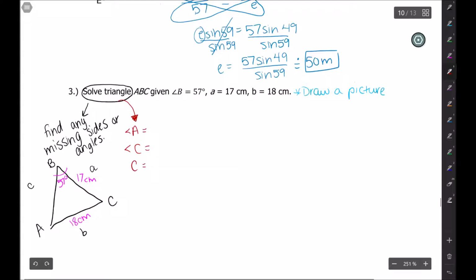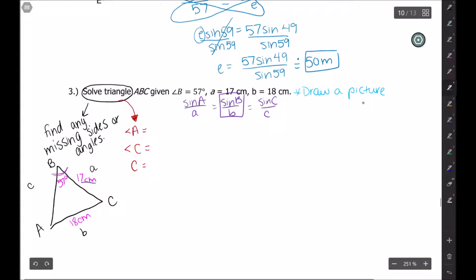Okay, so let's go ahead and see if we can figure out any of these pieces of information. Now, the good news is that angle B and side B are given to us, so that's a pair that we can actually use for the sine law. We also are given lowercase a, so let's go ahead and write out sine A over A equals sine B over B equals sine C over C, and we're given B, okay?